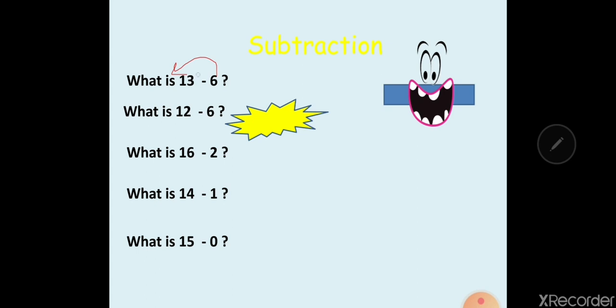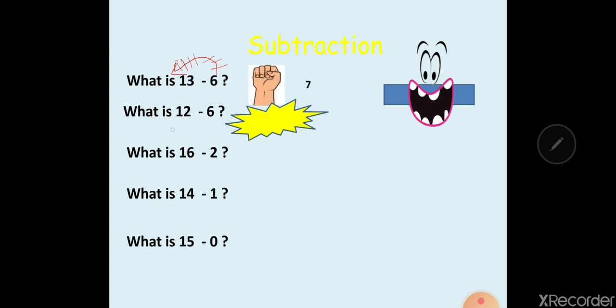So I can take this 3 away. 1, 2, 3. Count after 3, 4, 5, 6. So the answer will be 7, 8, 9, 10, 11, 12. Oh, sorry, I missed one. 13. The answer will be 7.